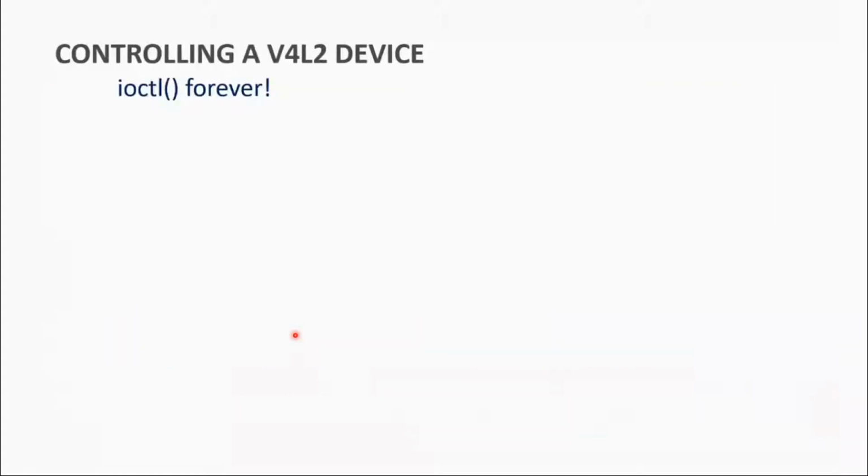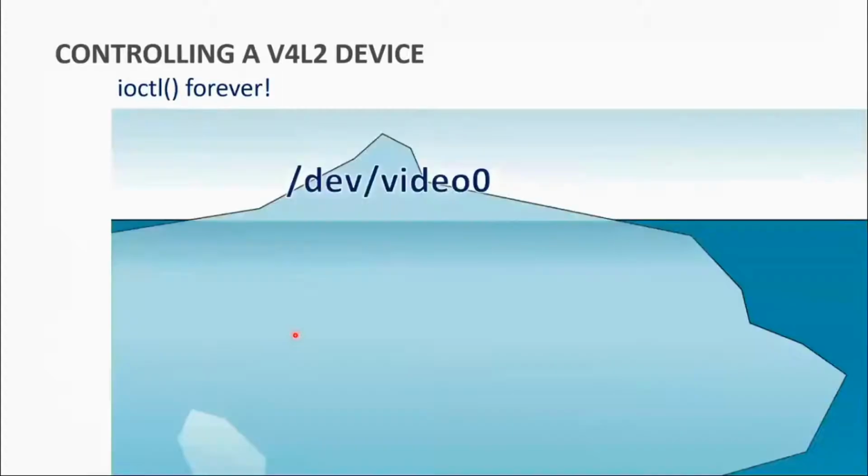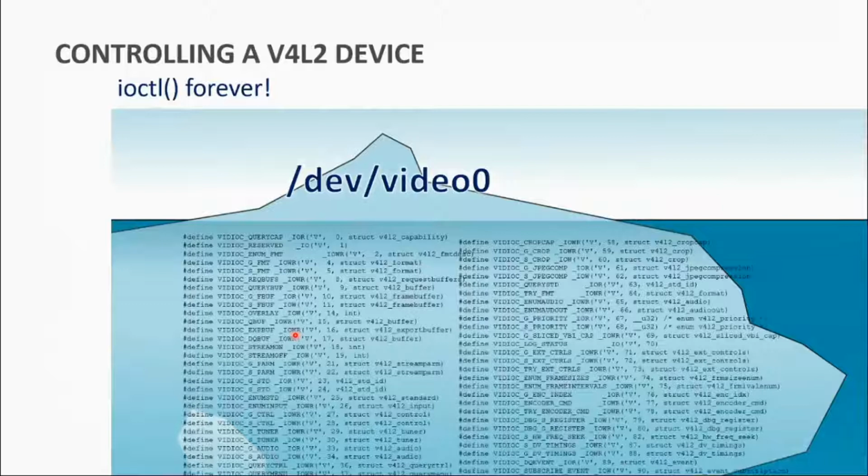All right, so controlling a V4L2 device. Everything that you do with a V4L2 capture device, a camera, is done with I/O control. So Dev Video 0 is like the tip of an iceberg, and it has a world of functionality underneath. No, you are not expected to know all of these I/O controls.